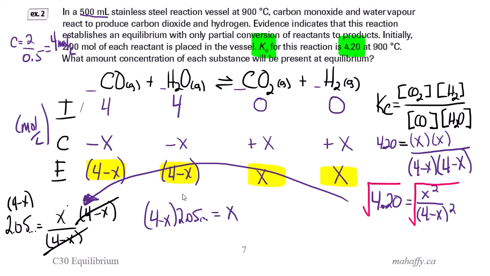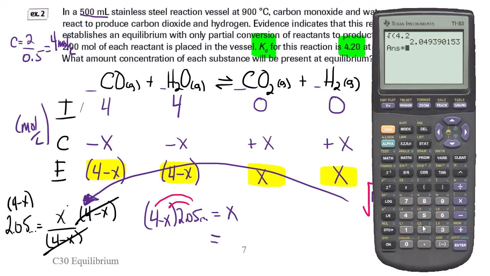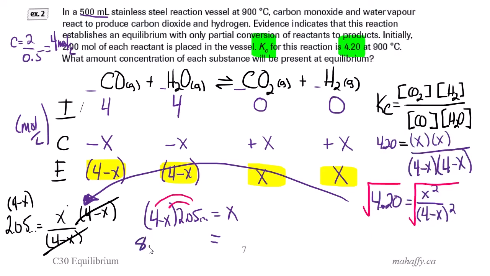We can multiply this in. So my 2.05 times 4 gives me 8.19, again, and some change. And then we'll subtract 2.05x, and that's equal to x.